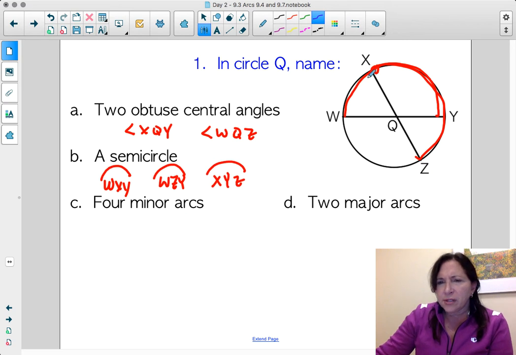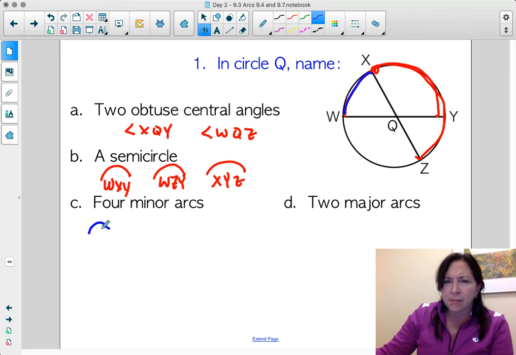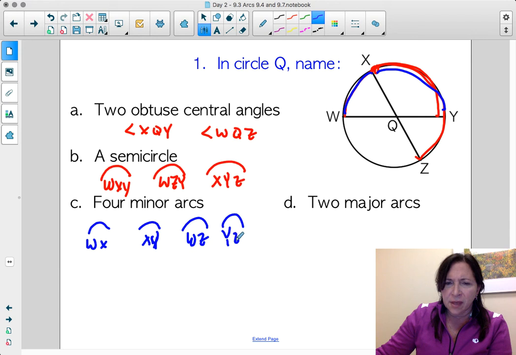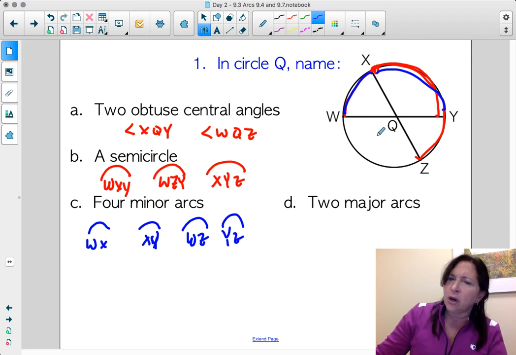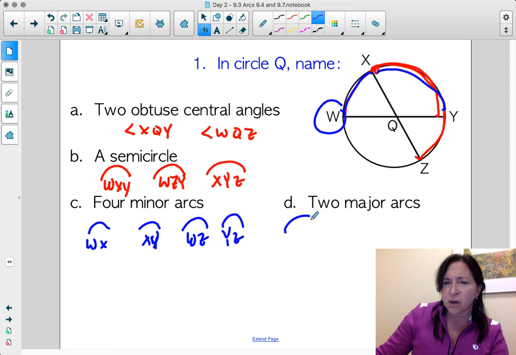Of course, there's a lot of answers for each of these problems, but we'll just cover some. For minor arcs, a minor arc might be arc WX, arc XY, arc WZ, and maybe arc YZ. And then two major arcs: let's say I start with W and go this way.